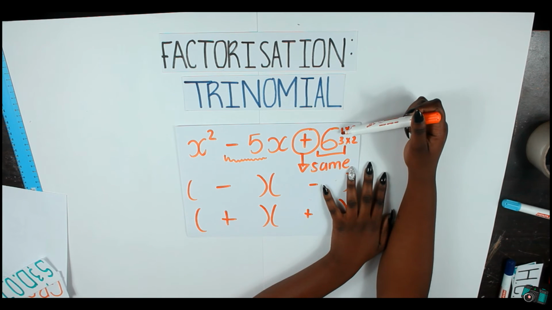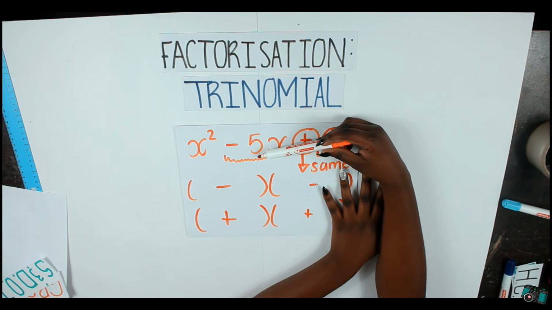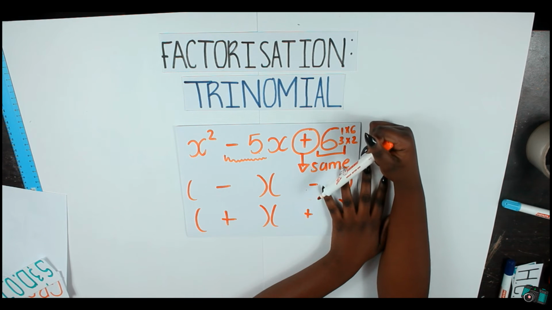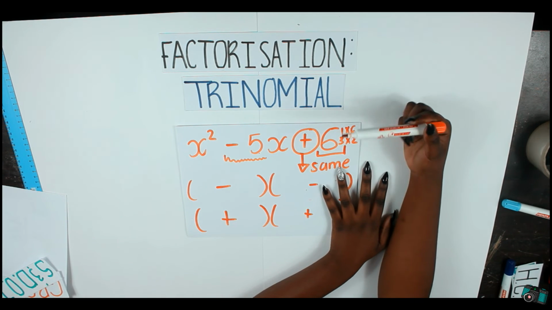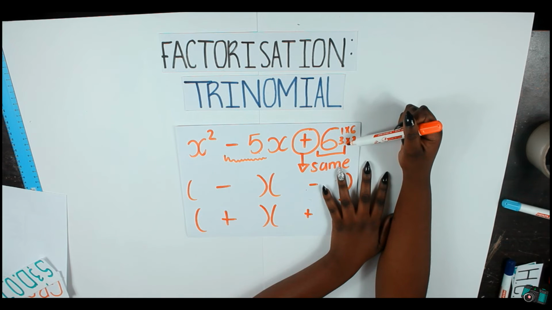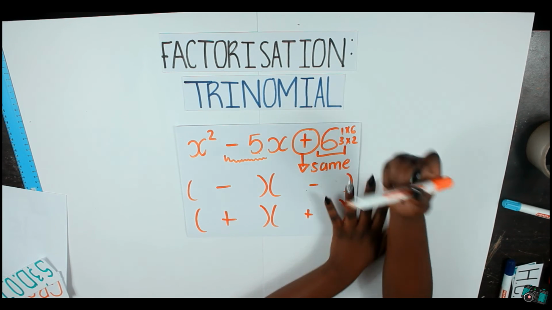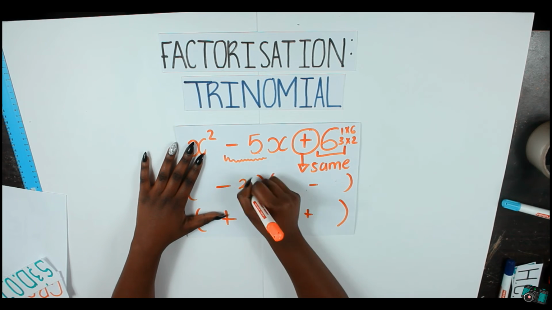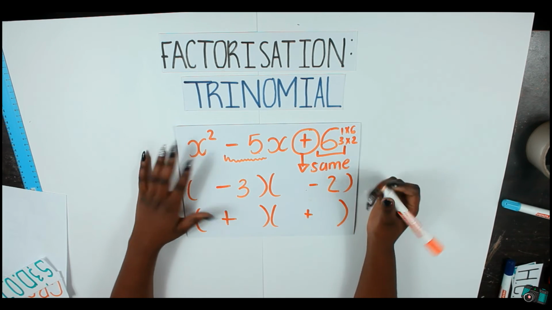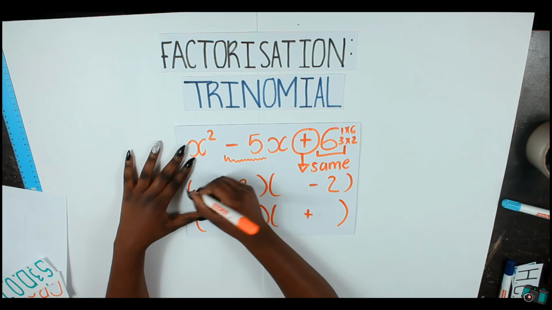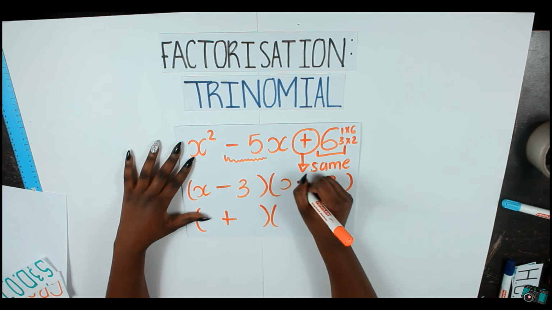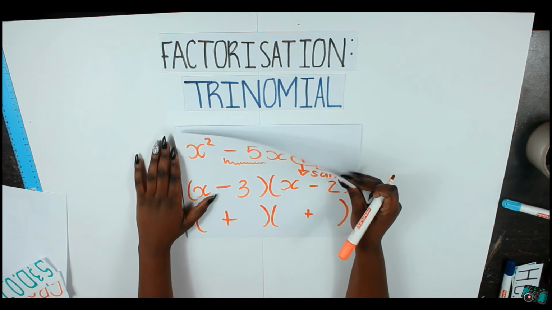Minus 6 plus 1 gets me to negative 5, but I have to have the same sign. So it has to be negative 3 and negative 2 that gets you back to negative 5. And then here goes your x, and there's your other x.